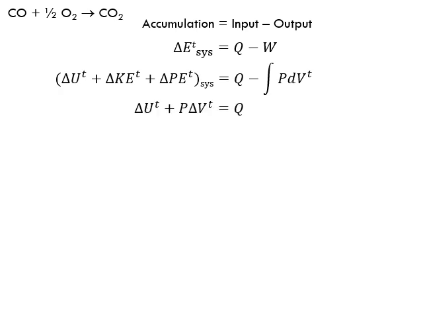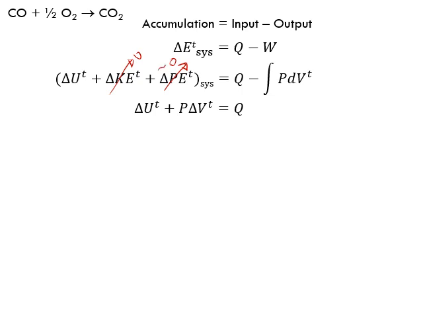Do you have any change in kinetic energy of the system? Is the piston cylinder device changing its speed? No, it's not. Is it changing its position? Well, also not. Actually, the center of gravity is changing a little bit, it's getting lower, but this is really negligible.